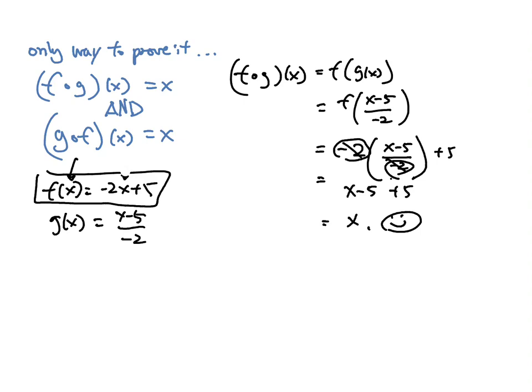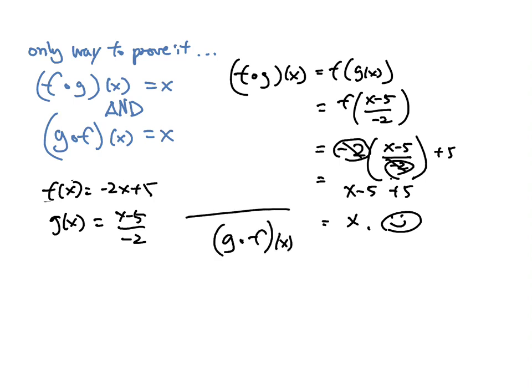Now, let's go ahead and look at g circle f. Remember, g circle f means g of f of x. That means I need to plug in f of x.